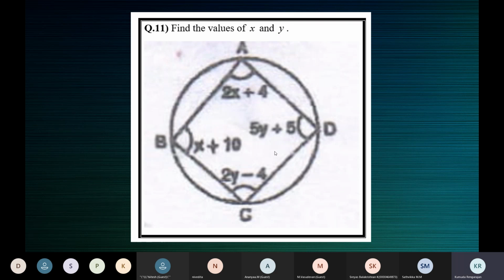Find the values of x and y. Yes, children?